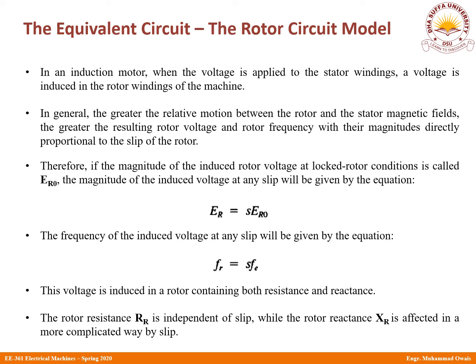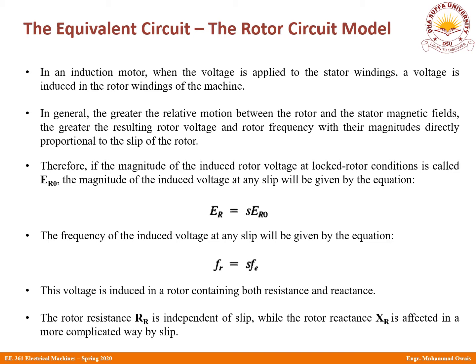Important point, students: the largest relative motion occurs when the rotor is stationary, because the magnetic field is maximum, so the relative motion is maximum there. This is called the locked rotor or blocked rotor condition. So the largest voltage and rotor frequency are induced in the rotor at that condition.